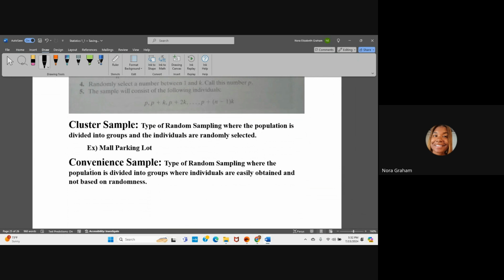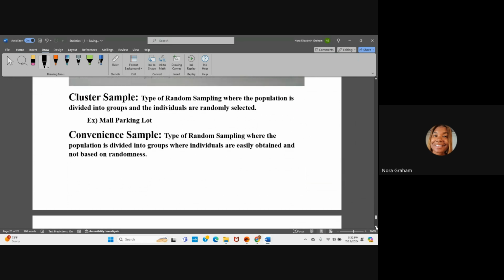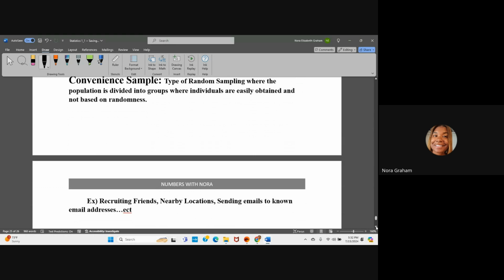Then our next one is convenience sample. This is a type of random sampling where the population is divided into groups where individuals are easily obtained and not based on randomness. The example I use for this one, which is really good, is when you're doing research and you think the best way to get my individuals is to ask my group of friends to fill out the survey, or nearby locations.